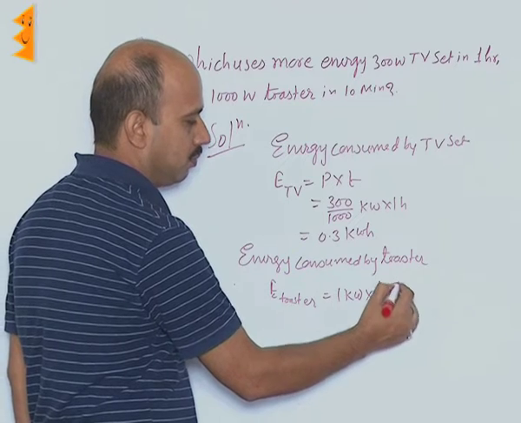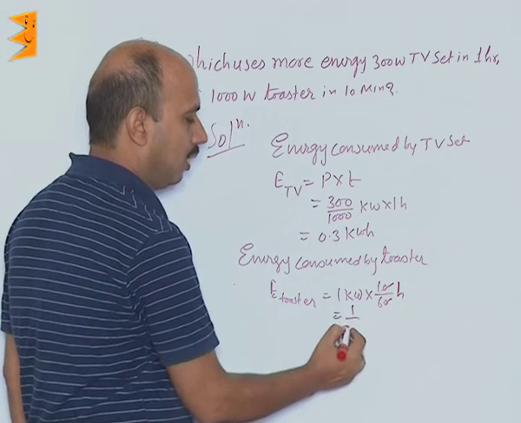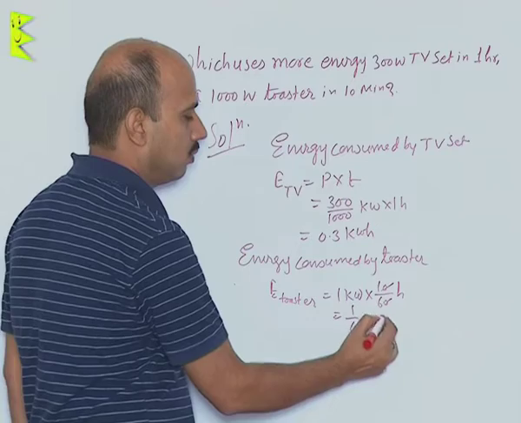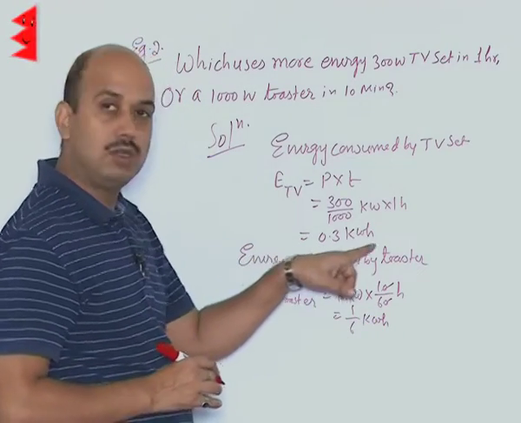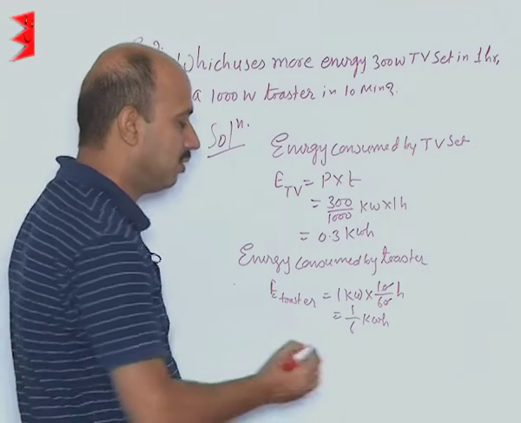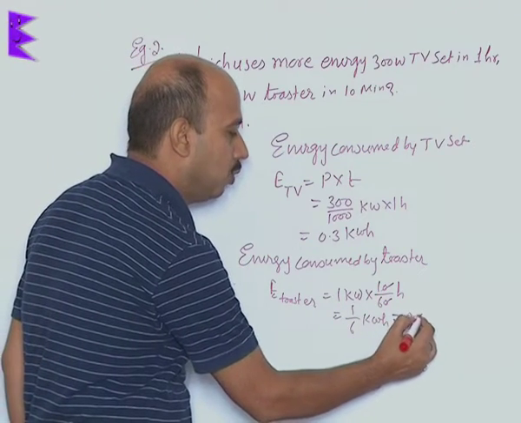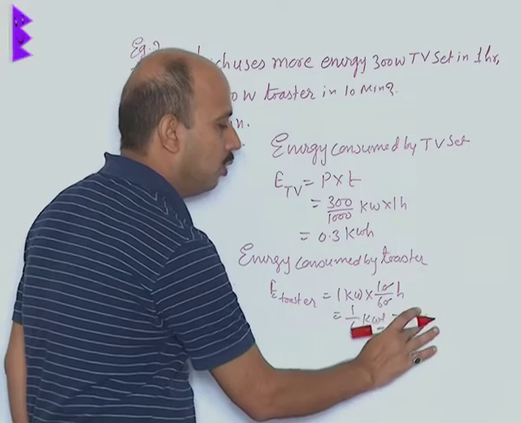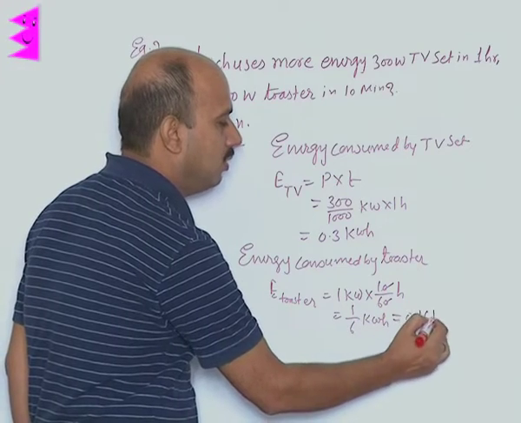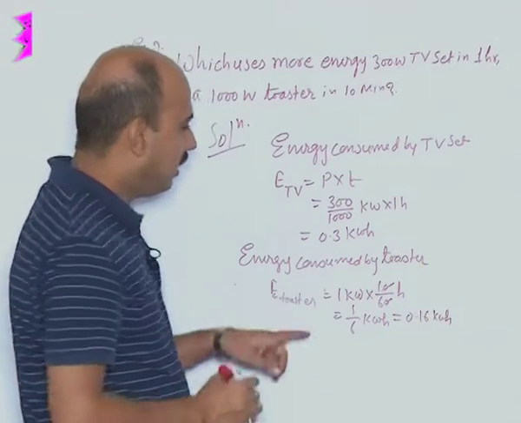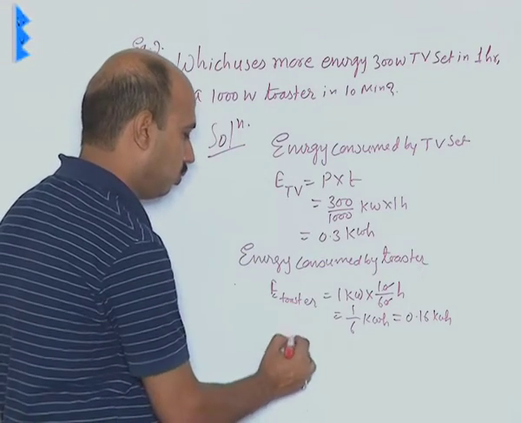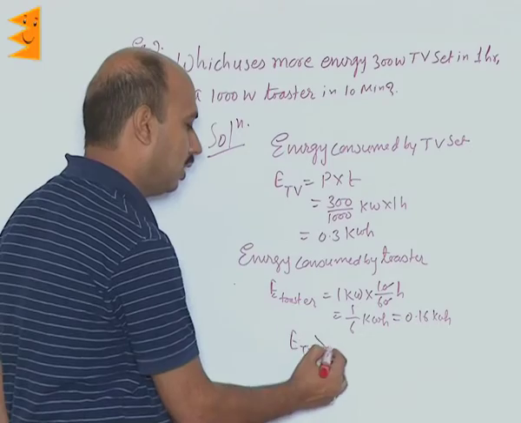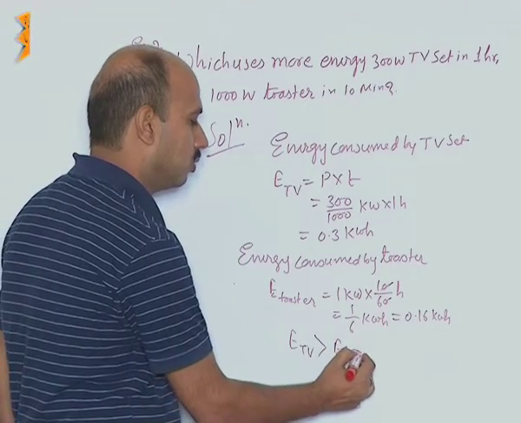So that is 1 by 6 kilowatt hour. So now see, the TV is consuming 0.3 kilowatt hour, and the toaster is consuming 1 by 6 kilowatt hour, that is 0.16 kilowatt hour. So obviously, energy consumed by the TV set is more than the energy consumed by the toaster. So we can write E_TV is greater than E toaster.